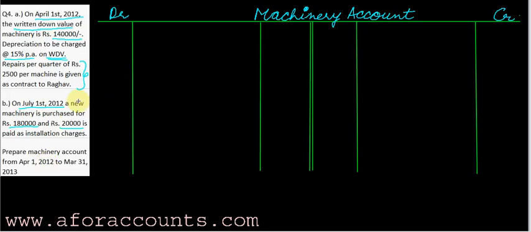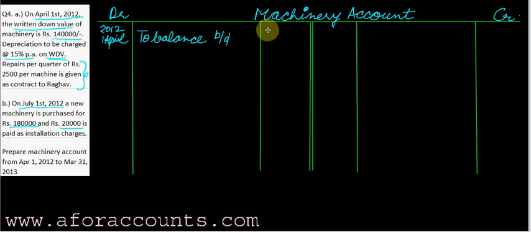So let's start. On 1st April 2012, the balance is given. Machinery always has a debit balance. So at the debit side, 1st April, to balance brought down.